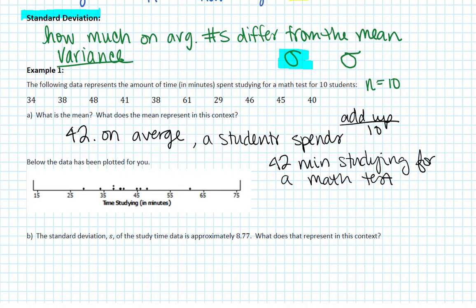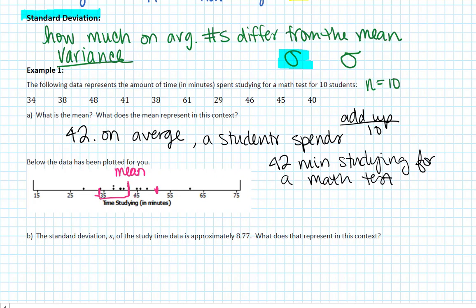All right, so let's get some colors going here. I know that's my average value, so I'm going to plot that on this data right here. It looks like 42 is probably going to be about here. So here's my mean. It says the standard deviation of the study time is approximately 8.77. So if I'm looking at this graph here, I called that 42. 42 plus 8 gets us very close to 50, so probably halfway between right here. 42 minus 8 is 34, so that gets me right here.